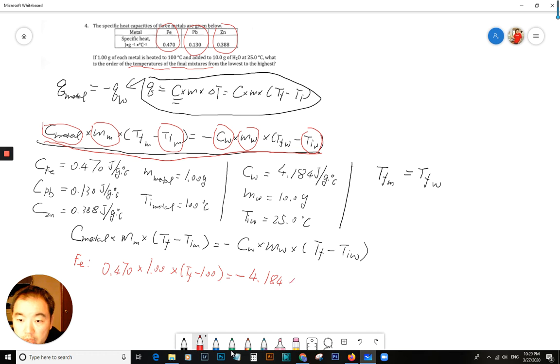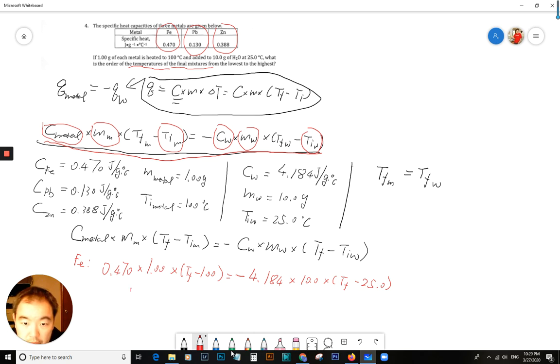4.184 times 10.0 times the final temperature minus 25.0 Celsius. Okay, and then here there is simply one unknown, and we just solve this problem.